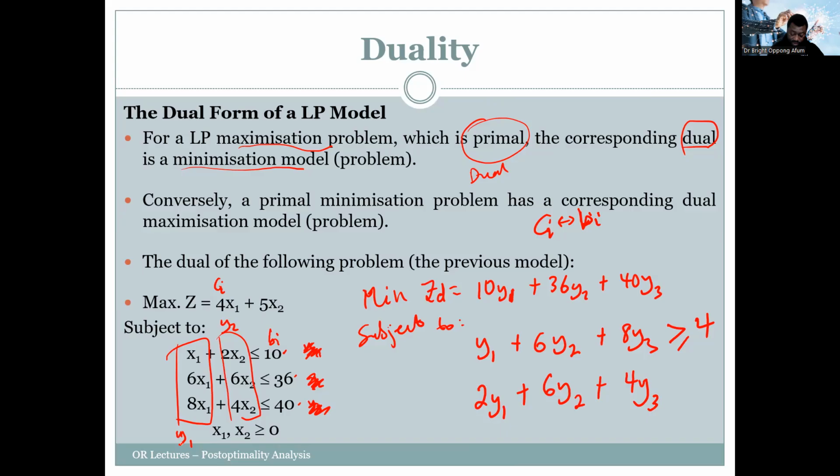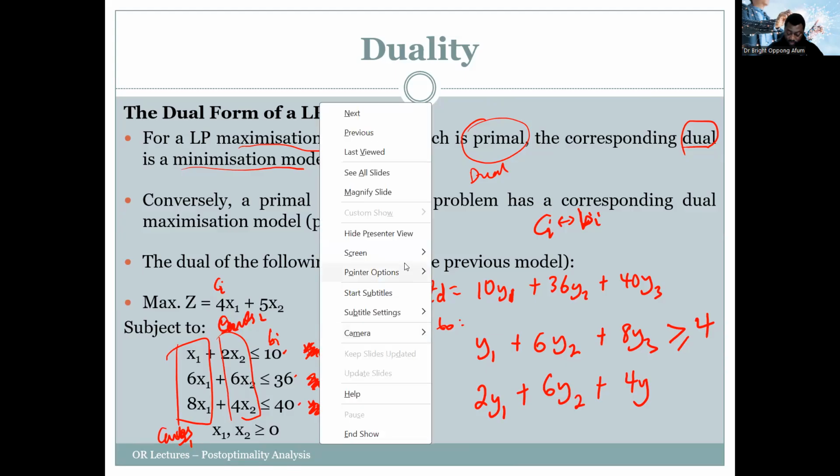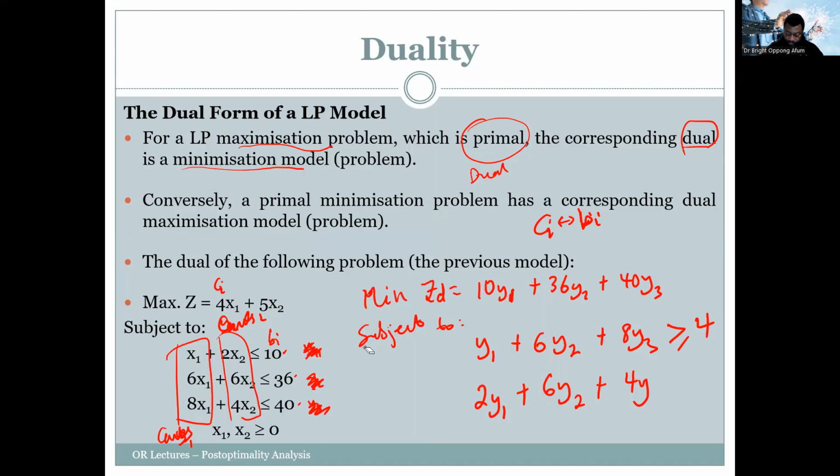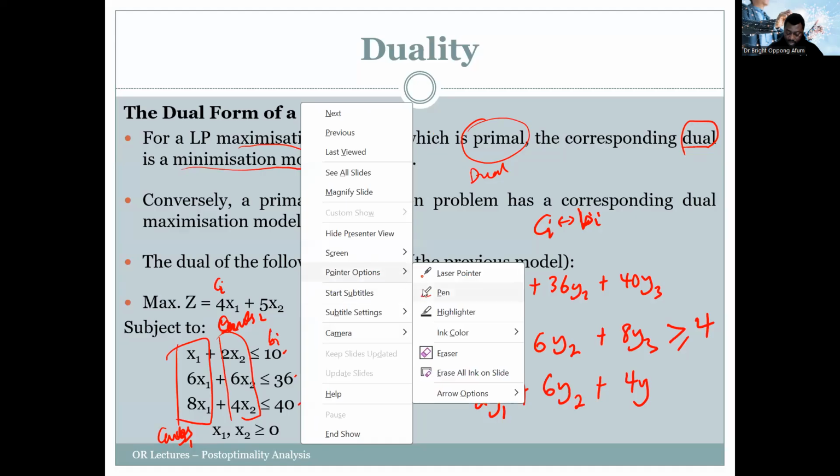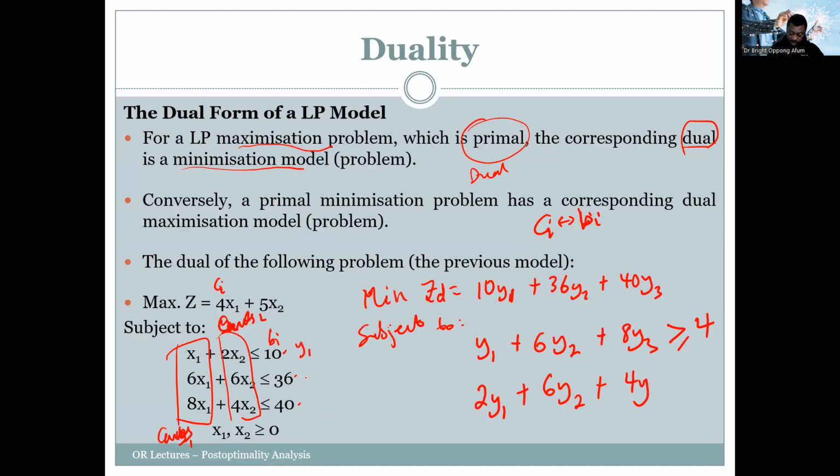Okay, so I should rather use this box as constraint 1 and constraint 2 and maintain my y's here as y1, y2, y3.